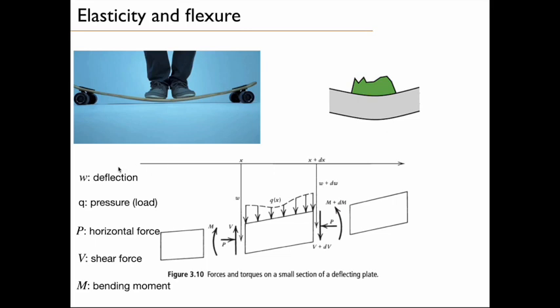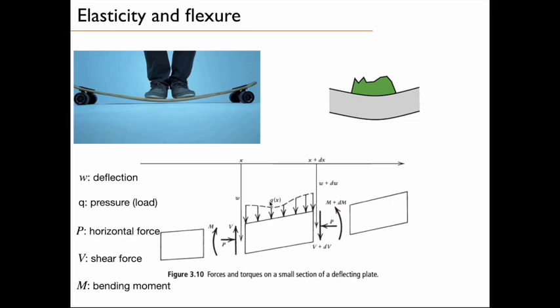First, I should introduce the deflection. So the deflection is basically the quantity along the y direction by which the plate is deflected. This is the amount of deflection. So you see a large deflection W here and a smaller deflection W plus a change of W. Then there is a pressure.